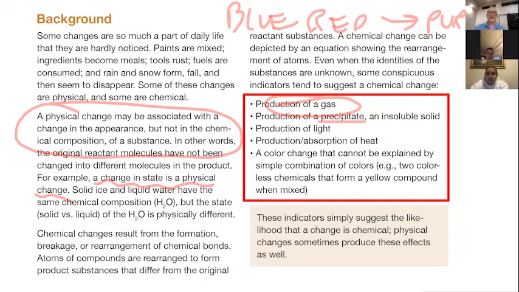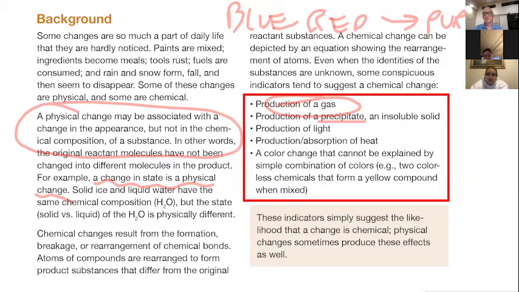What is a precipitate? Can anyone give me a sense of what that means? You produce a precipitate. Have you heard that expression before, precipitate?